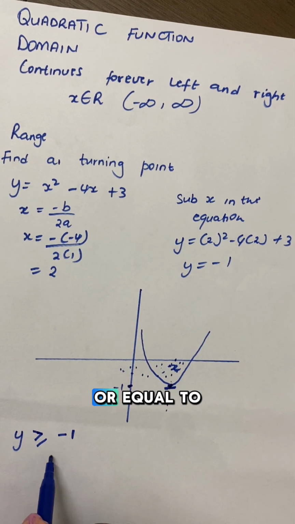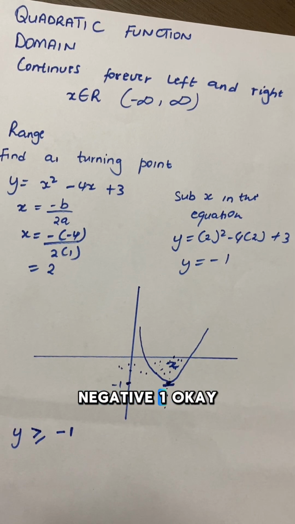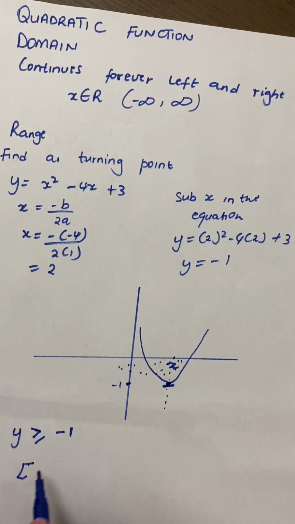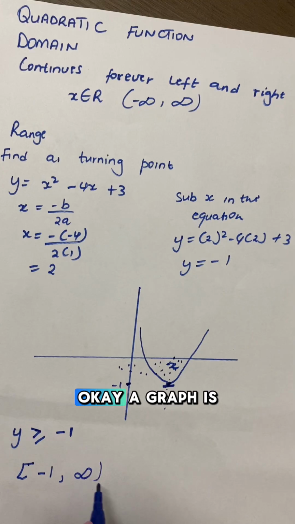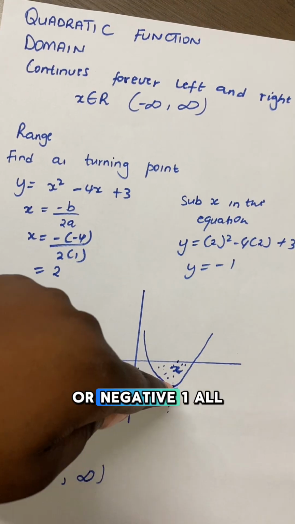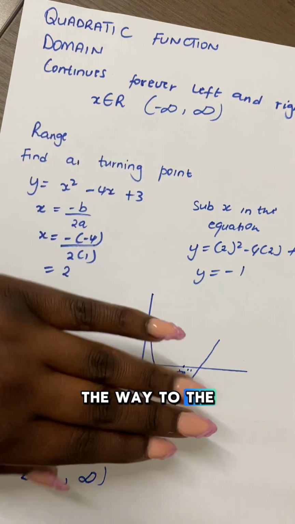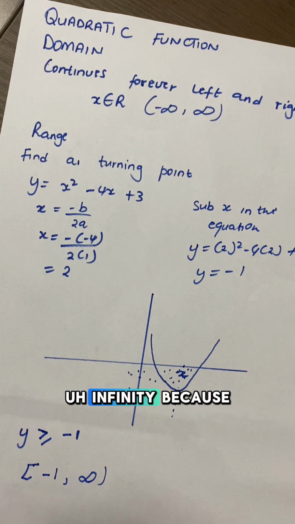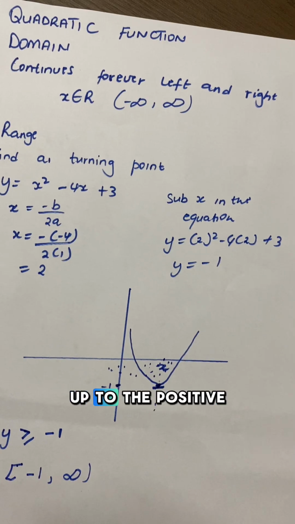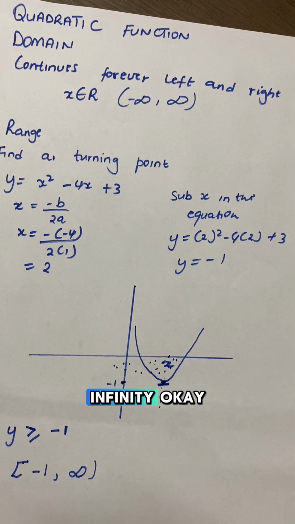So y is greater than or equal to -1. You can also write it like this: the graph is from -1 all the way to positive infinity, because when you're going up, you're going to the positive side, all the way up to positive infinity.